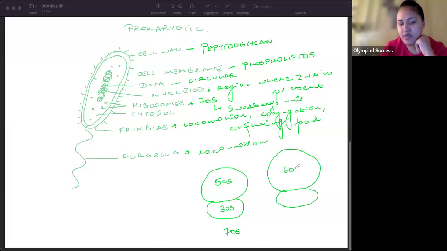So 60S will be the large subunit, 40S will be the small subunit, and this is an 80S ribosome. For now, you don't need to know the details of the kind of proteins that are present inside. You just need to know the difference, that one is smaller, 70S, one is larger, 80S. So prokaryotes have a smaller ribosome. Any doubt?